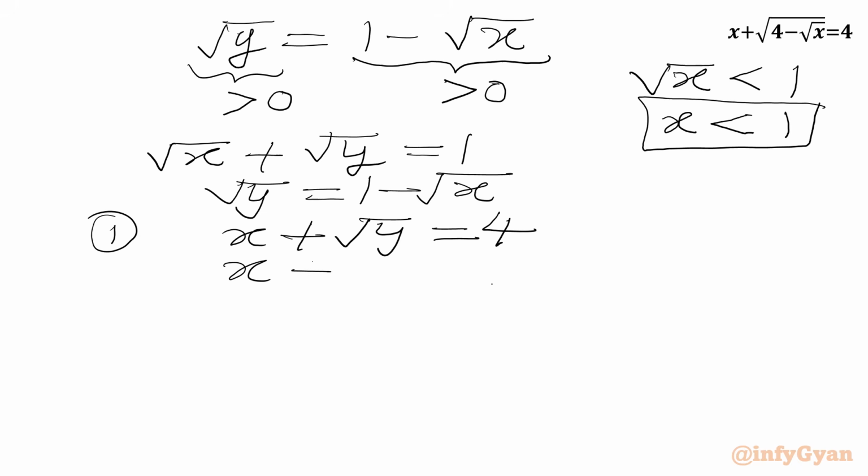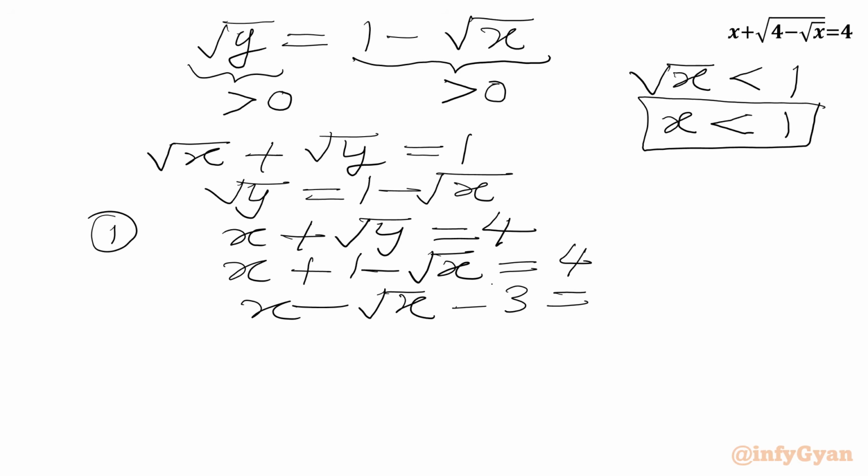So x plus 1 minus square root x will be equal to 4. Or we can write x minus square root x minus 3 equal to 0. Now we have to apply the quadratic formula, as this is a quadratic equation in root x. Let's apply the quadratic formula here.